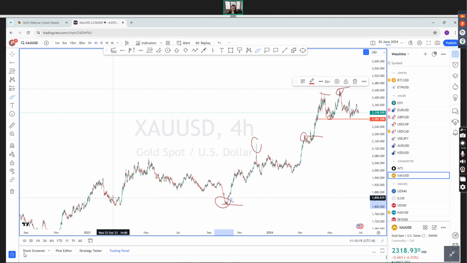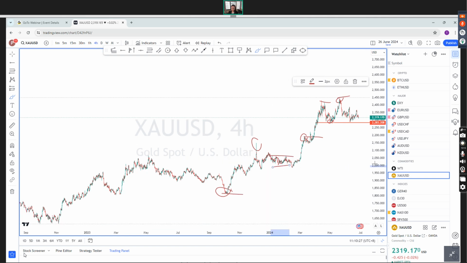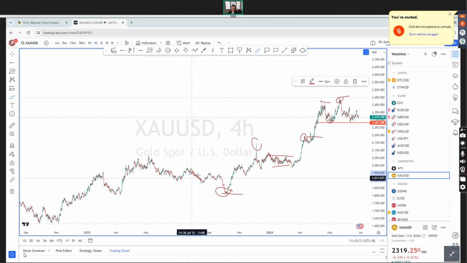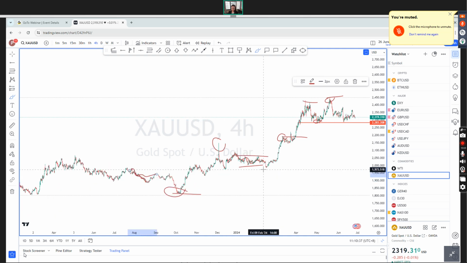You can see these are very tiny moves. We're not going to identify them as a swing high or swing low, because if you zoom in and make the chart smaller, it's just a very tiny move here.